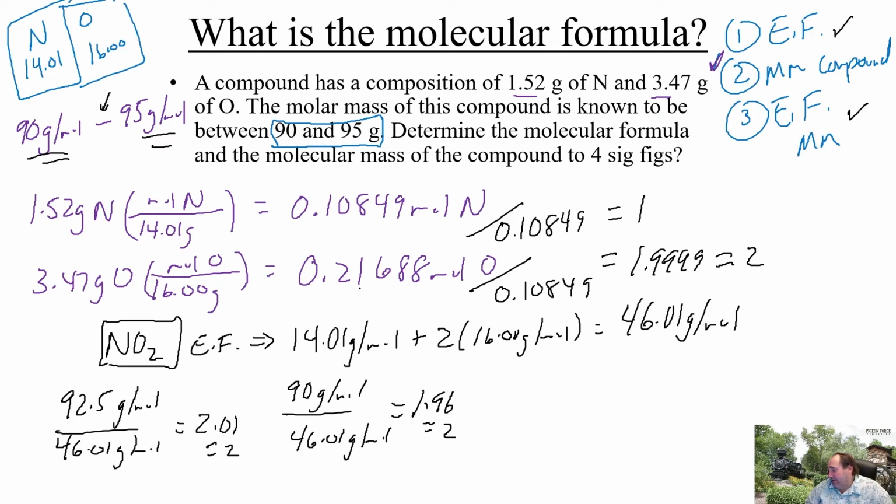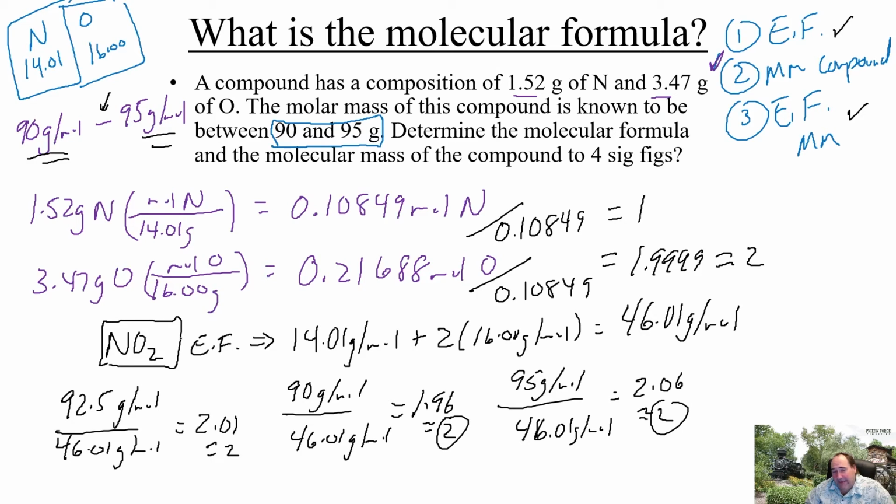And let's say we ended up choosing the top end of our range here, at 95 grams per mole divided by 46.01. That's about a 2.06, which is also about 2.